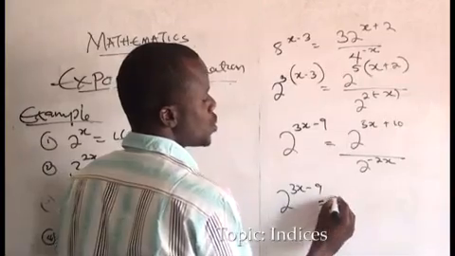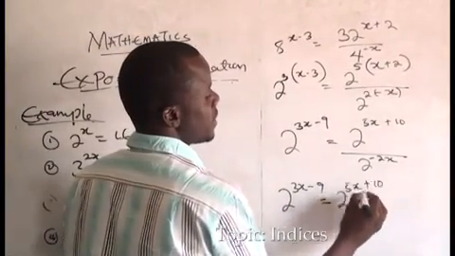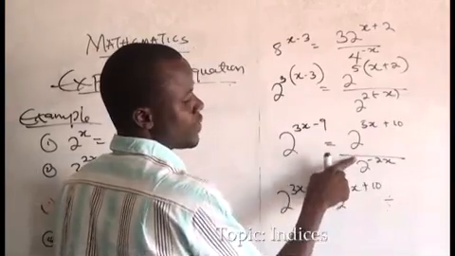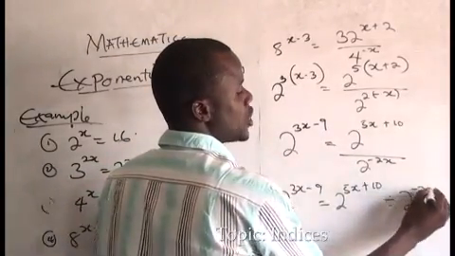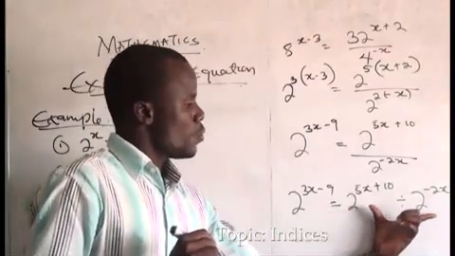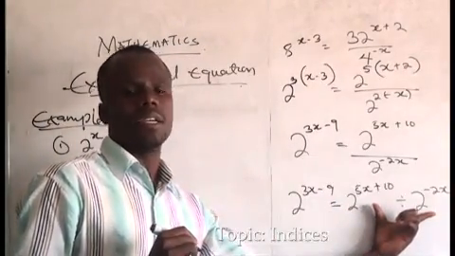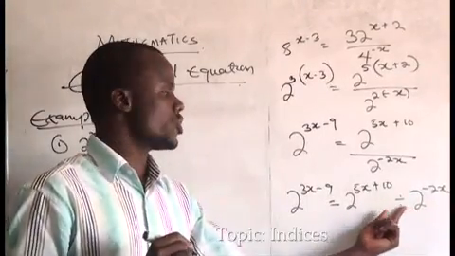is equal to 2 to the power of 5x plus 10 divided by 2 to the power of minus 2x, because here is a division. Then we now look at the right hand side. It is from the second law of indices, division.